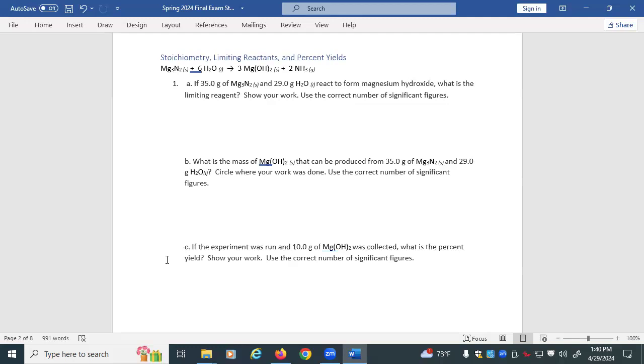It's the same thing here. If I figure out how much magnesium hydroxide can be made from both of those reactants, the one that makes the least is my limiting reactant, and the amount of magnesium hydroxide it makes answers question B. So regardless of the method I choose, I'm going to end up having to do two stoichiometry problems. It's just a matter of how I want to set it up.